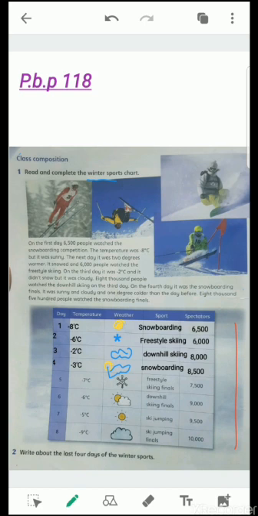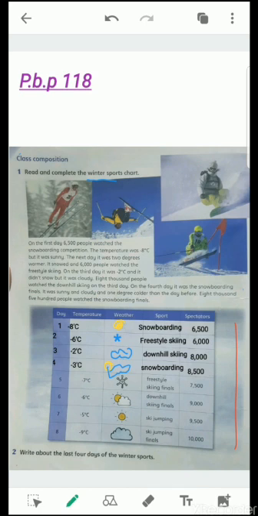So we write -8 plus 2 equals -6. Mathematics. سالب 8 زائد 2 يعطينا سالب 6. So it's still negative degrees, درجة سالبة, which means the water is freezing. المياه متجمدة. Okay. We have the number of the spectators, and also we have the weather.